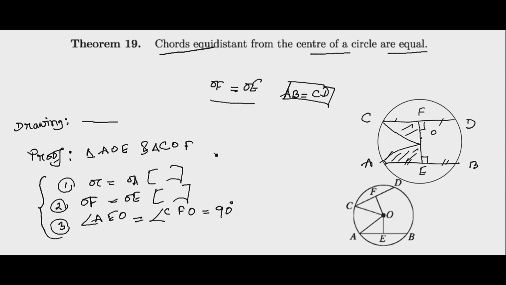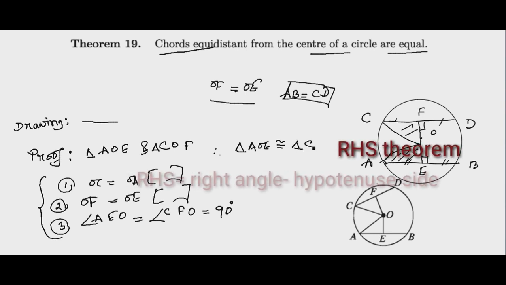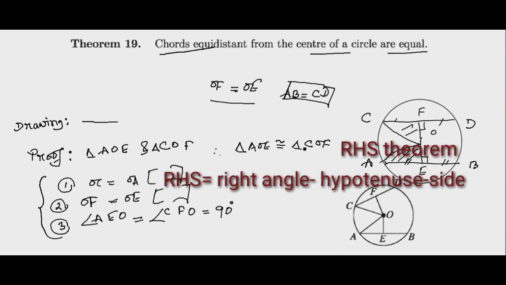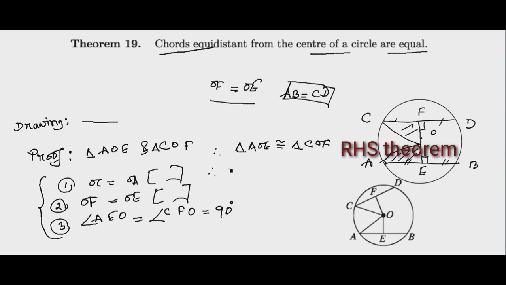So to prove two triangles congruent, we have three conditions here. So we can say triangle AOE congruent to triangle COF. When this is the case, we can write that AE is equal to CF.